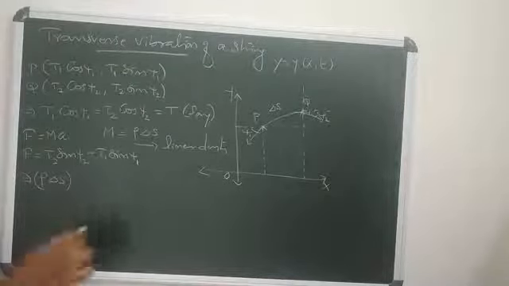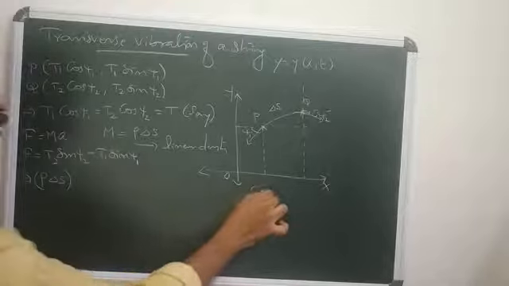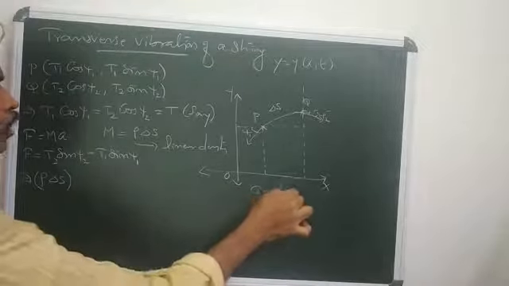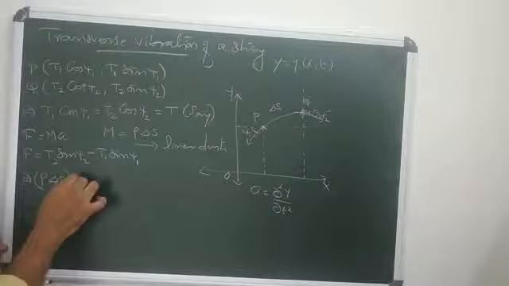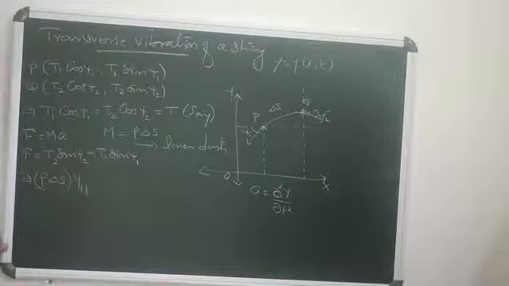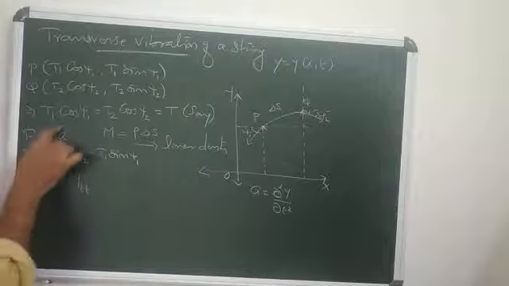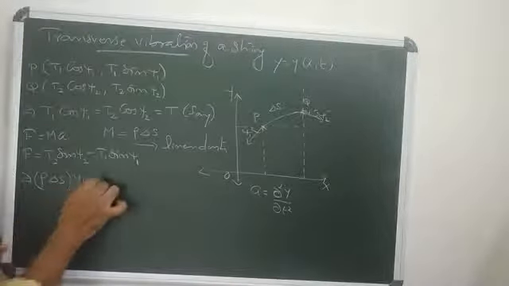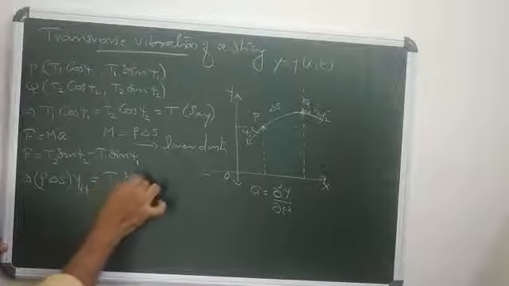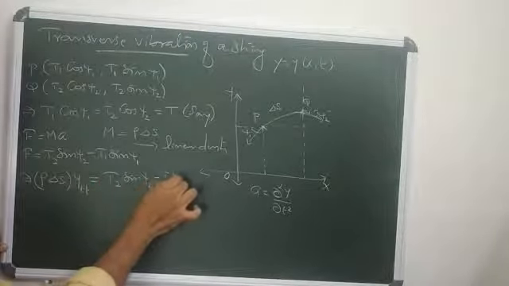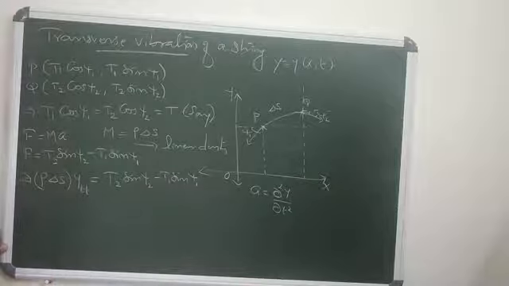So that is ytt. Mass into acceleration, rho delta S into ytt, is the force F, the same as T2 sin psi 2 minus T1 sin psi 1.